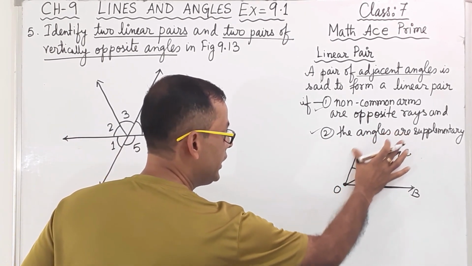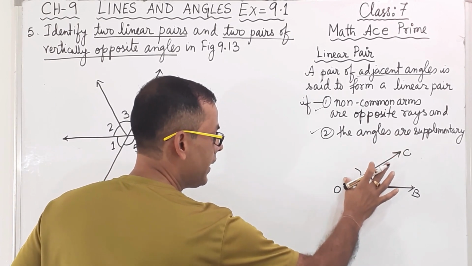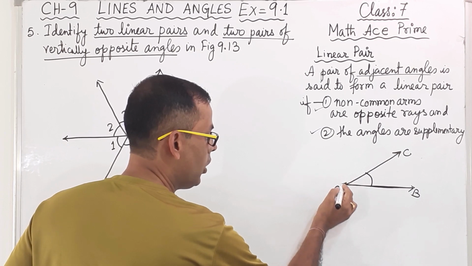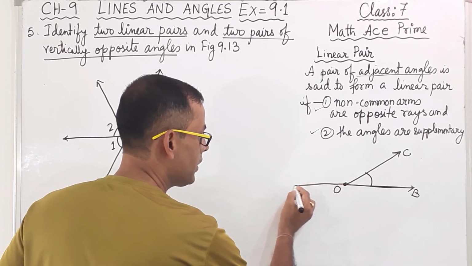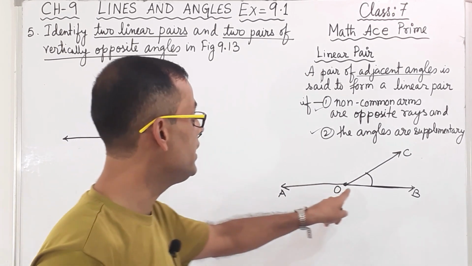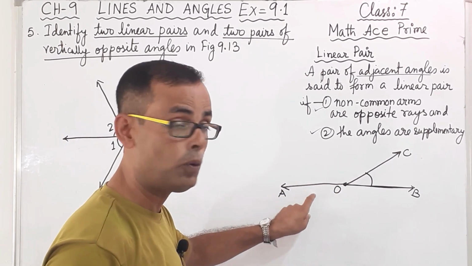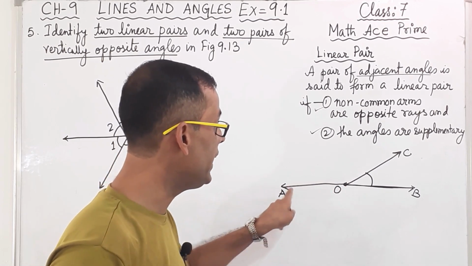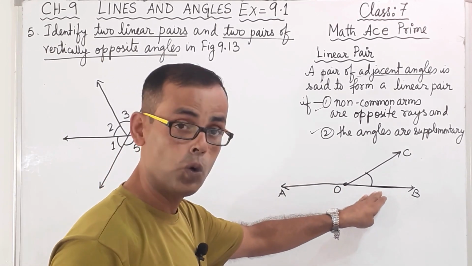So if I change the diagram, see nicely, this OA, if I bring it on this side like this way, clear no? And write it here A. Now see this is a non-common arm, this is also a non-common arm. So this OA is just opposite of OB.